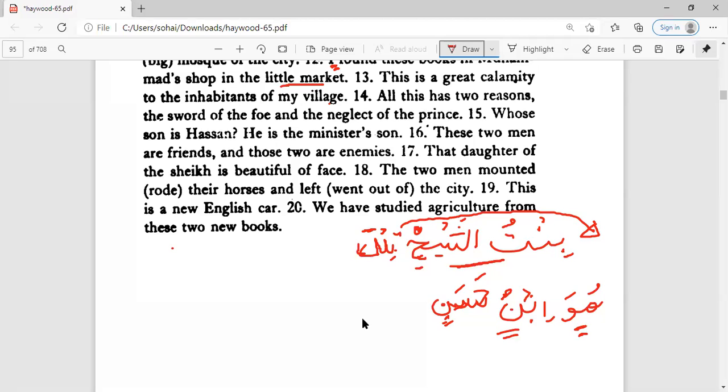Then he's continuing, so we cannot start with tilka. They're talking about the particular daughter of the Sheikh. That's why tilka comes after. If tilka comes before, it becomes a nominal sentence, like that is the daughter of the Sheikh.